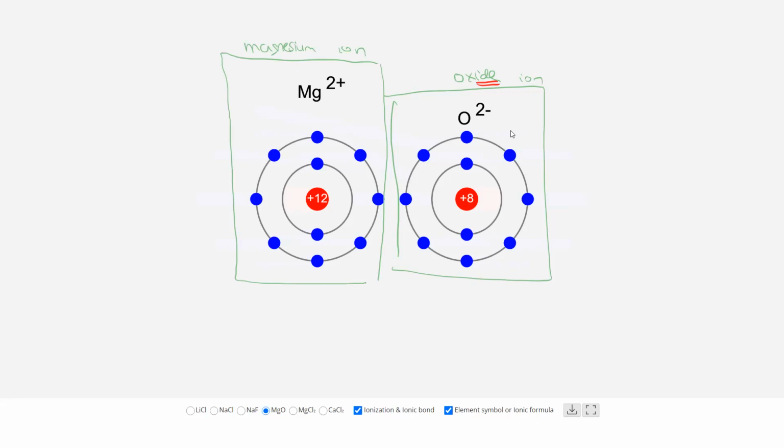Just quickly noting here, you've got 12 protons in the nucleus, but only 10 electrons outside. So overall, this is positive, this is negative. So overall, 2+. For the oxide, you've got 8 protons, but you've got 10 electrons. This is positive, this is negative. So overall, 2-. That's why we write Mg2+ and O2-, representing ions. They will form an ionic bond between them.